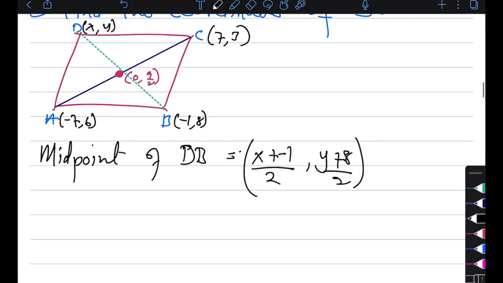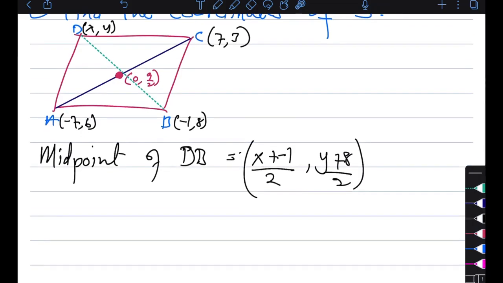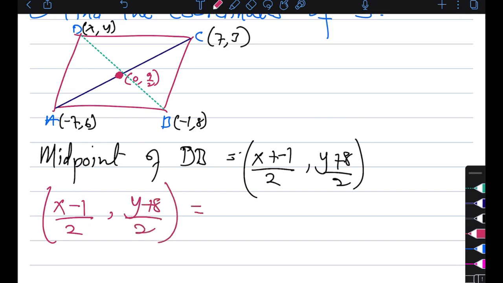Like I said earlier, their midpoint is the same, so this particular midpoint is shared by both of them. Therefore, we can say that x minus 1 over 2, and then y plus 8 over 2, is the same as the midpoint that we got, 9 over 2.